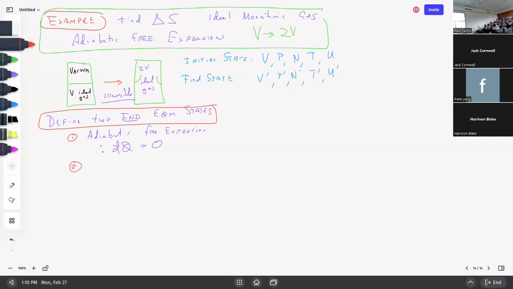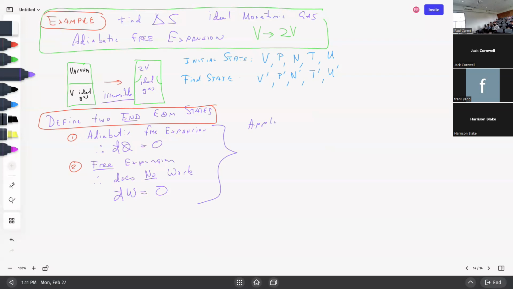So free expansion means it doesn't do any work. So therefore, dW equals 0. Okay, so there are two important facts. Heat was not allowed in or out, there's no heat. And the work is 0.